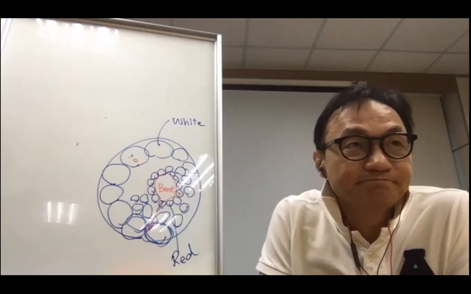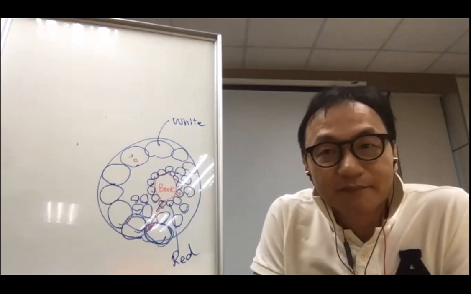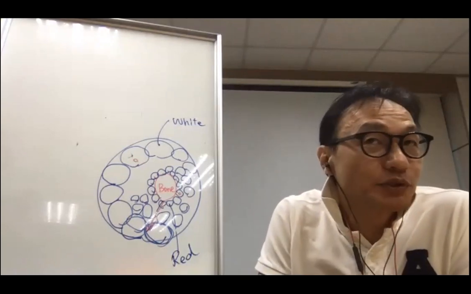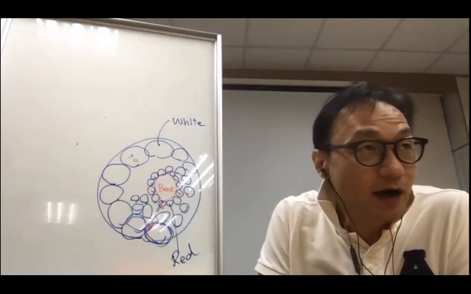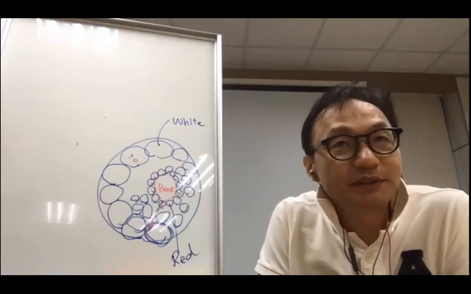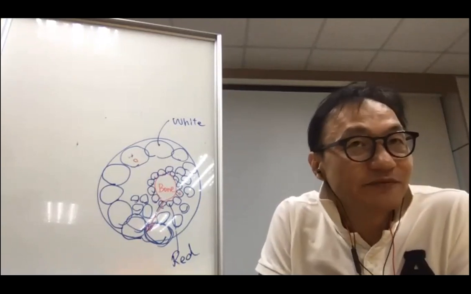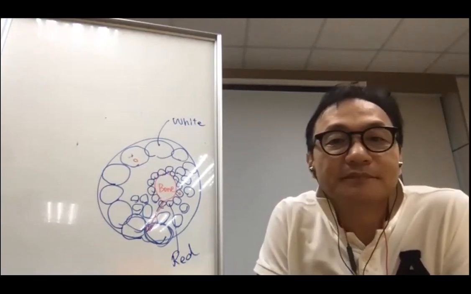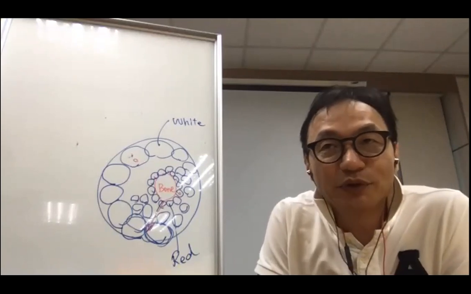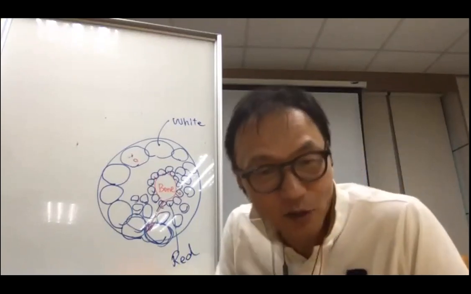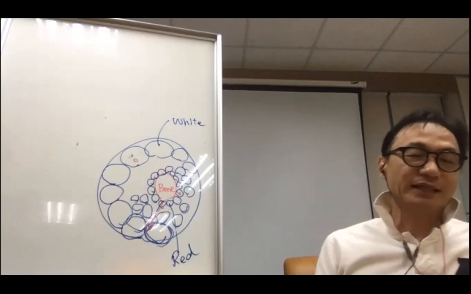So we have the physical structure design, which does not allow the fast twitch to have efficient oxidative metabolism. So even if you put the mitochondria in, it takes a long distance to get oxygen.